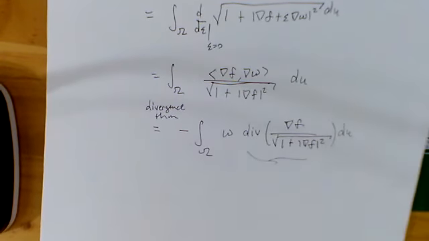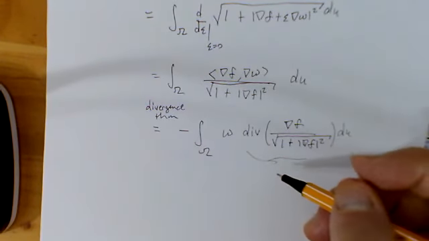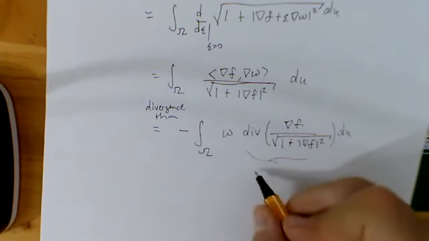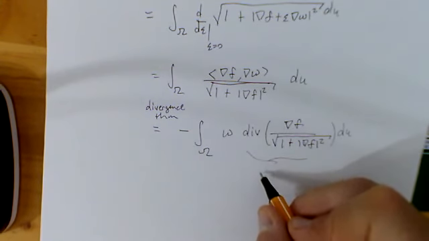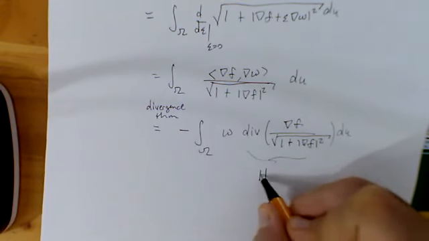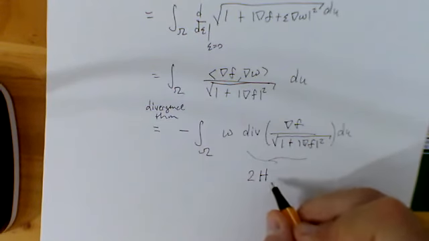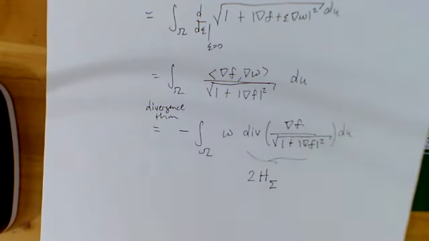And we'll recognize this part as well, it's really twice the mean curvature of my surface, which is the graph.